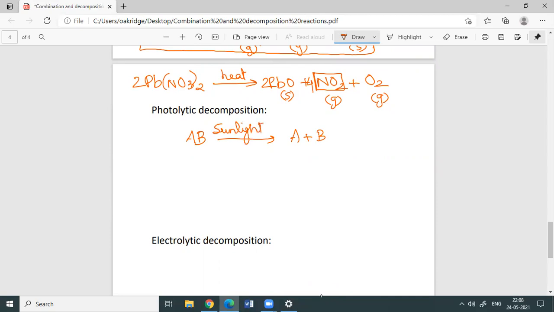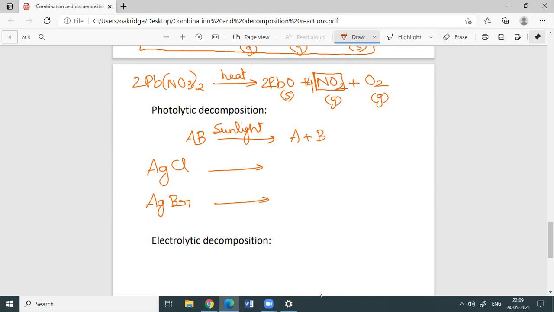Right? So here, if we take the example of silver chloride, AgCl, or if we take the example of silver bromide, AgBr, these are the ones used in black and white photography actually.